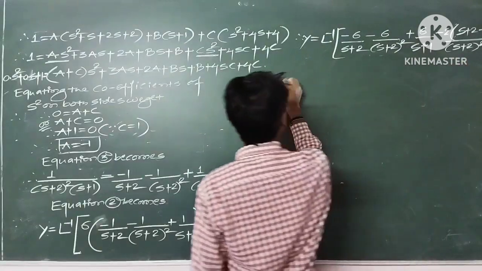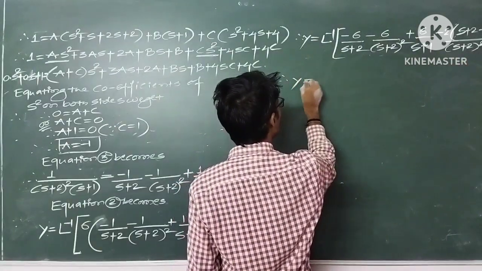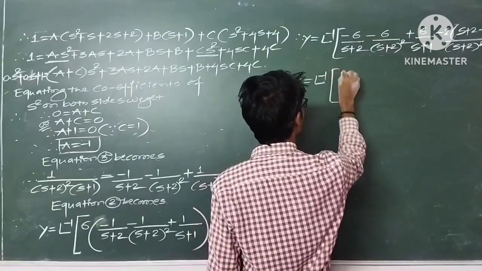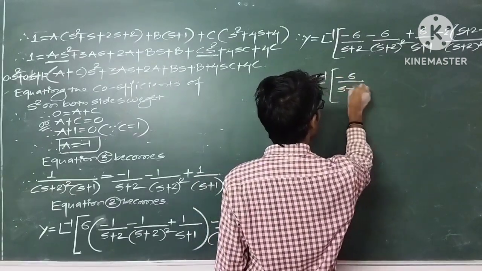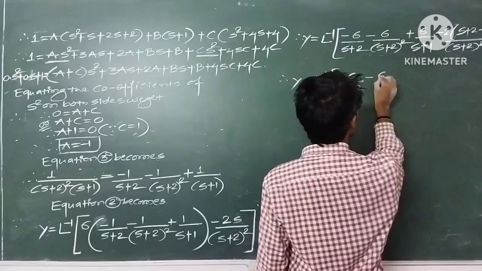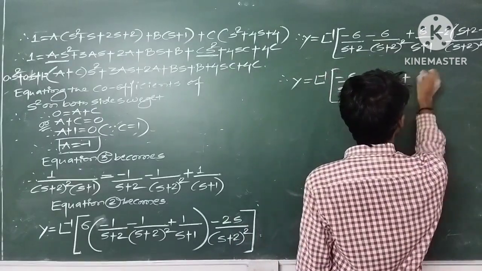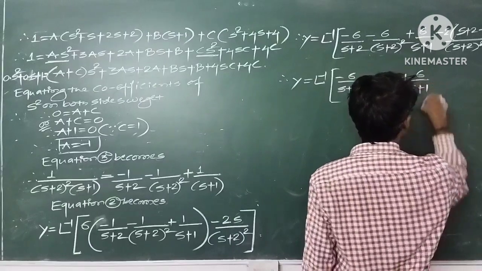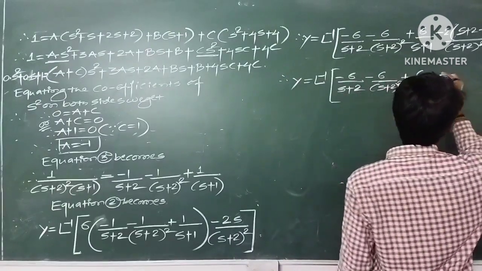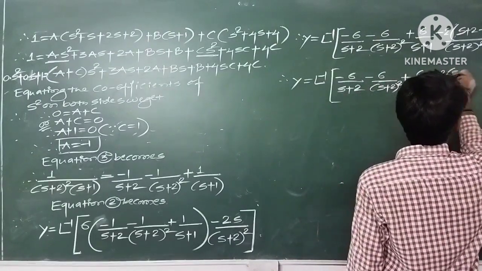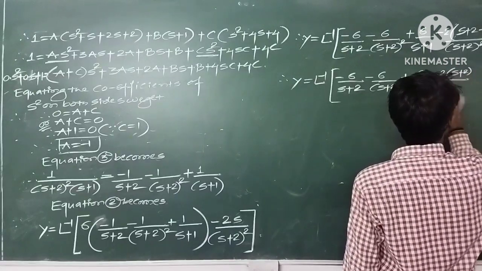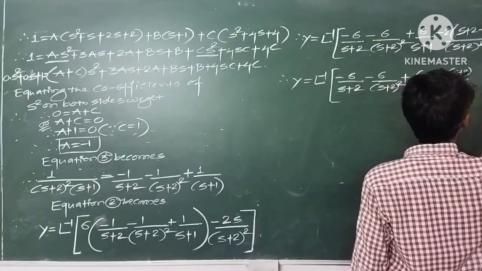So now, therefore, I will write y equal to inverse Laplace transform of minus 6 divided by s plus 2, minus 6 divided by (s plus 2) whole square, plus 6 divided by s plus 1. Now see, you are having minus 2 inside the bracket, you write s plus 2 divided by (s plus 2) whole square.